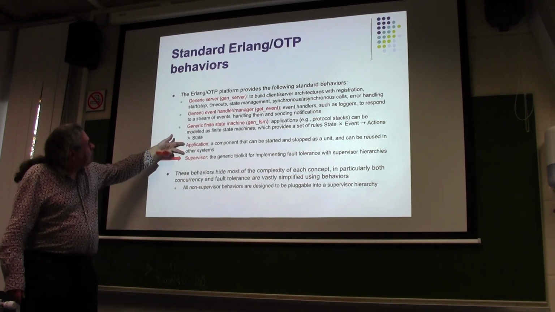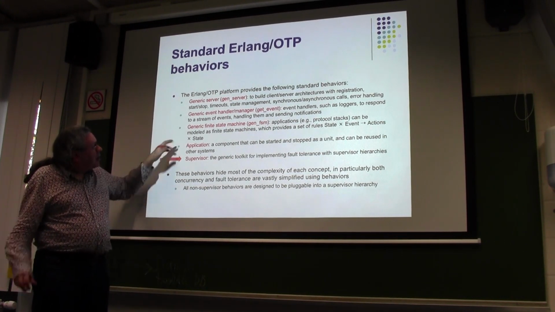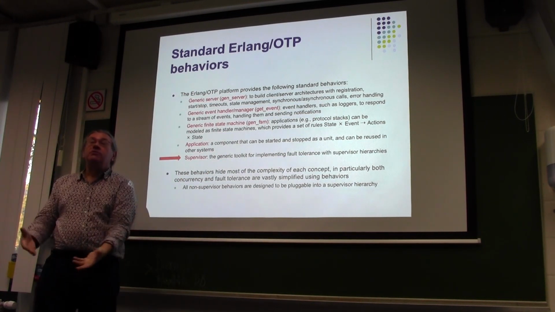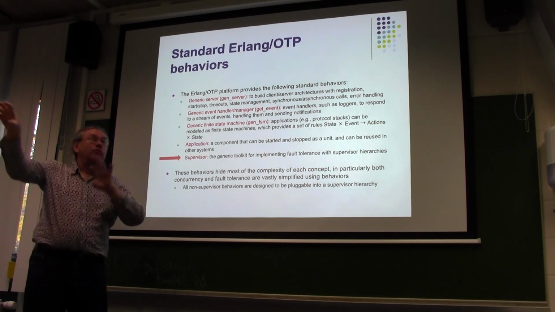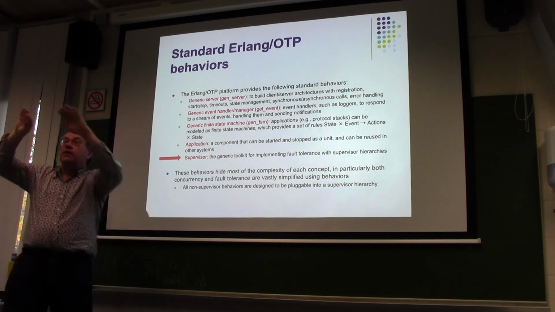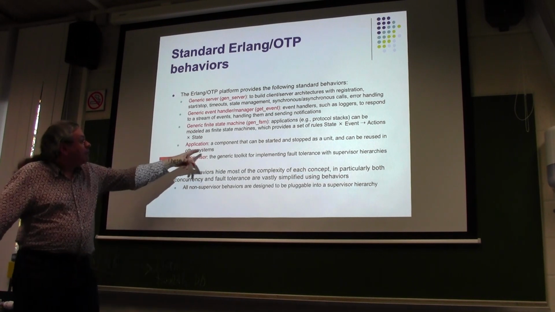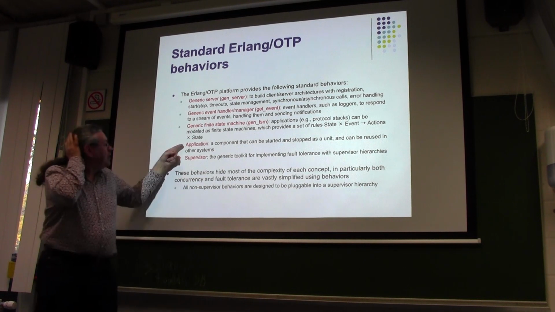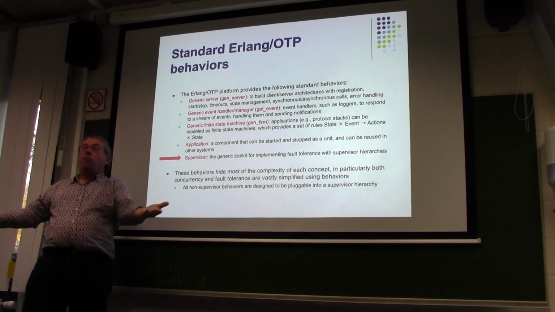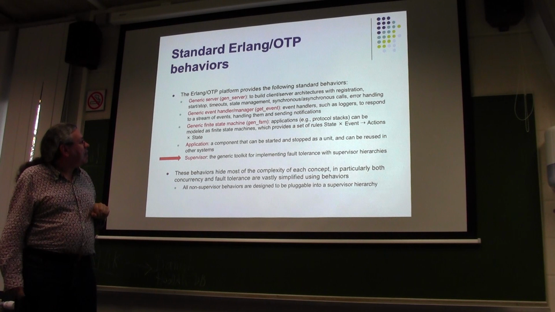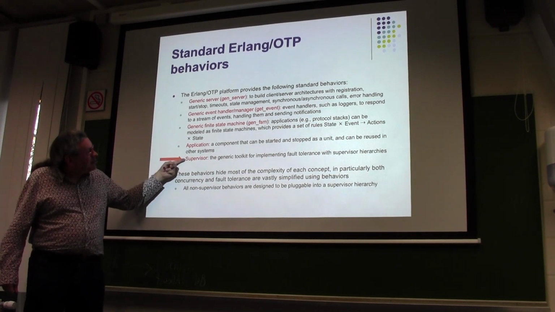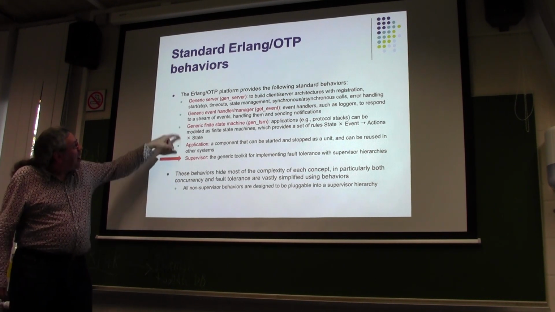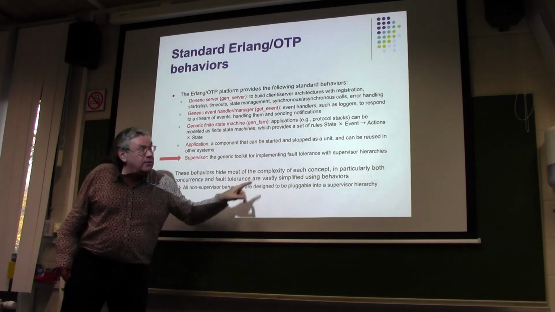And then application is combining all the pieces into one thing, which is the application. Because maybe you have several of these other guys sitting there together, so you combine them into a unit that can be started and stopped as one thing, and can be reused. So it's like a box, the application behavior. And the final one is supervisor. This is for fault tolerance, okay? So these 5 behaviors will hide the complexity.